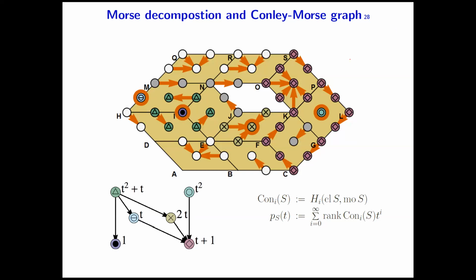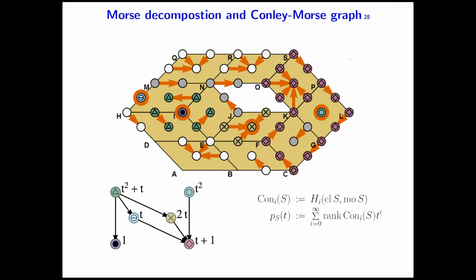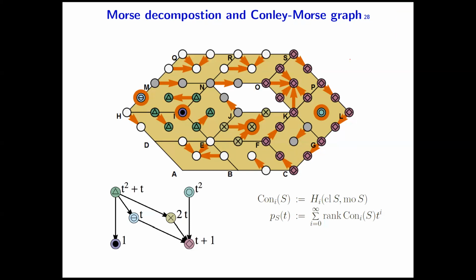In the classical theory, you prove that an isolated invariant set is always compact, and since it's compact, it's closed. So this looks strange, and this was actually an obstacle for many years for us to understand what's going on. And the way we explain it right now is that the right topology is the Alexandrov topology. Alexandrov topology, with the exception of the discrete topology, is not Hausdorff. And the feature you are familiar with, the compact set is closed, is true for Hausdorff spaces.